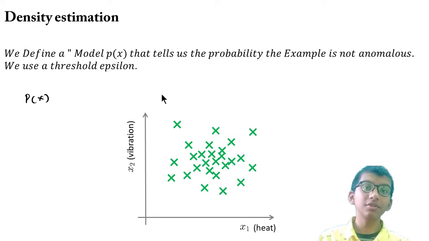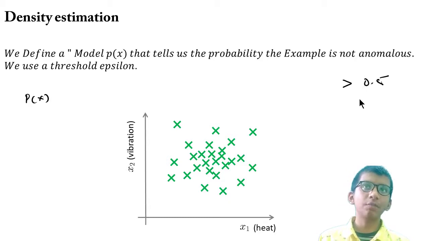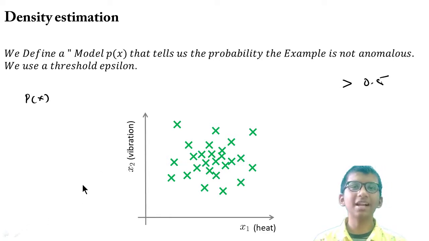In logistic regression, we take a threshold: if it is greater than 0.5, we take it as having cancer, otherwise not. In this way we also deal with that.